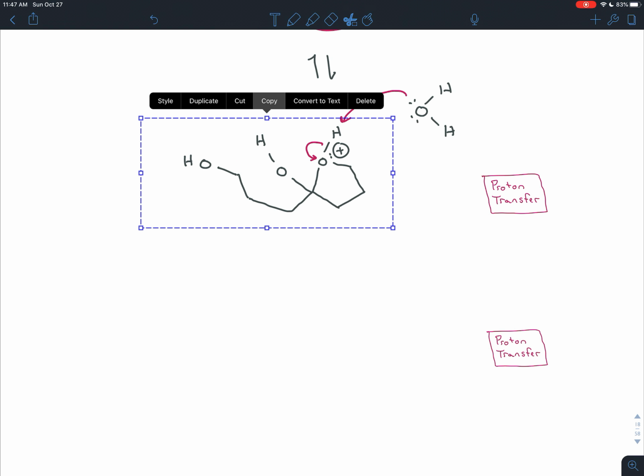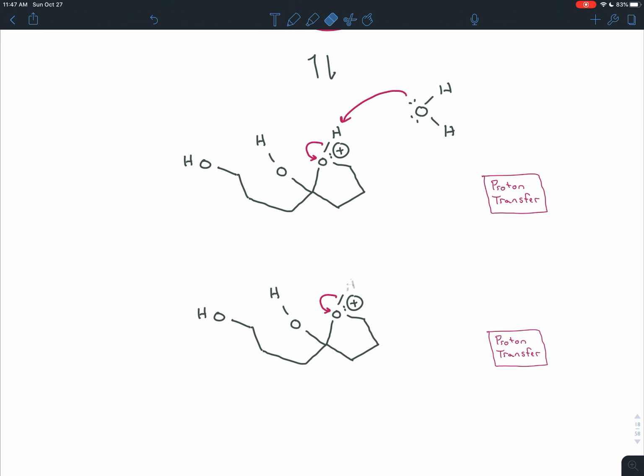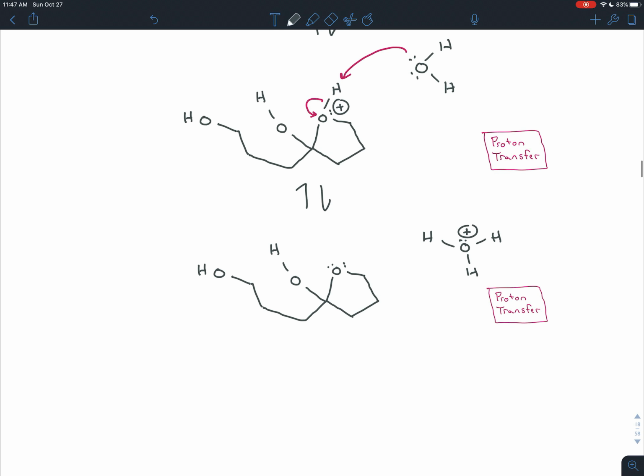So after this proton transfer, we end up with the hemiacetal. We also get hydronium here. So this is your hemiacetal.